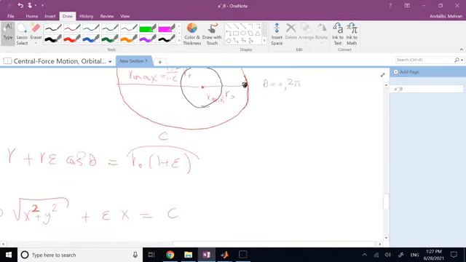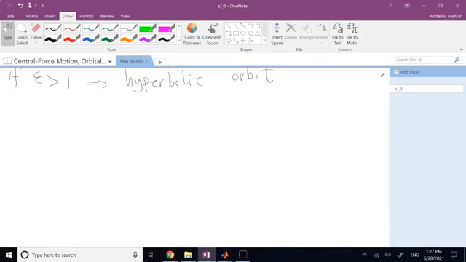So if I want to show it all in one figure for you, so that I want to summarize everything, then you have something like this.